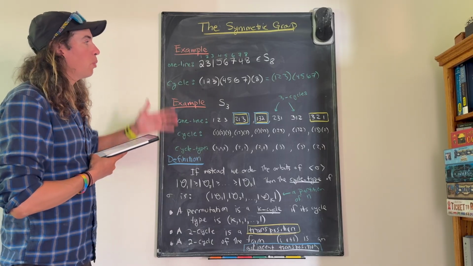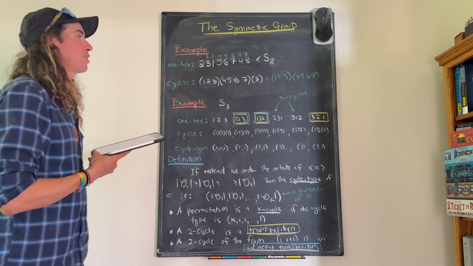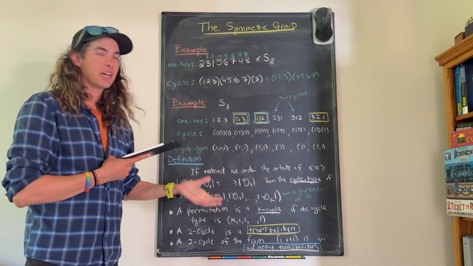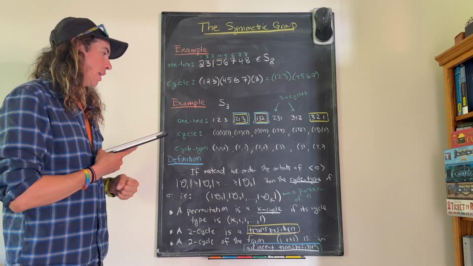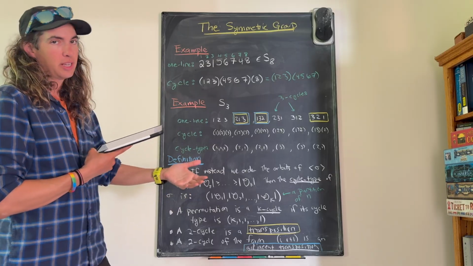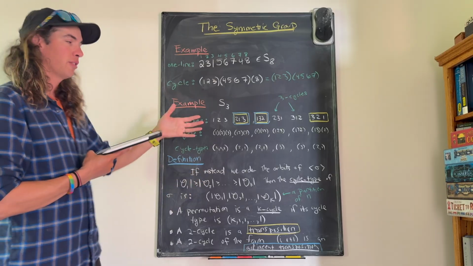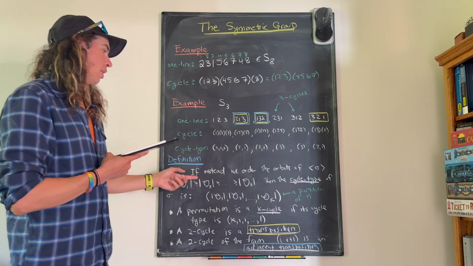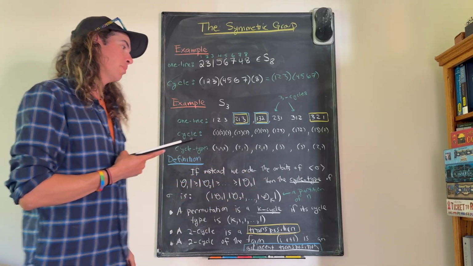One piece of data that you can get from the cycle notation is called the cycle type of a permutation, and this will be really important for computing conjugacy classes in the symmetric group, as we'll see in a few minutes. So what is the cycle type of a permutation?